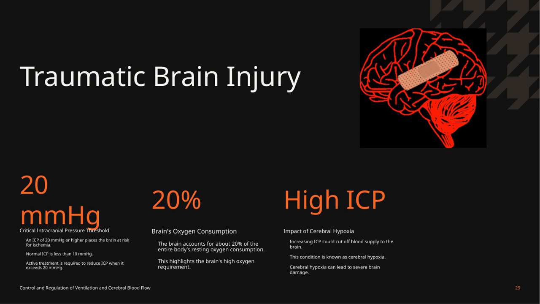A critical point to remember is the threshold of ICP at 20 mmHg. When ICP reaches or exceeds this level, the brain is at significant risk for ischemia, which is basically insufficient blood flow. Normally, ICP is less than 10 mmHg, so once it surpasses 20 mmHg, active treatment becomes essential to bring it back down and protect the brain.